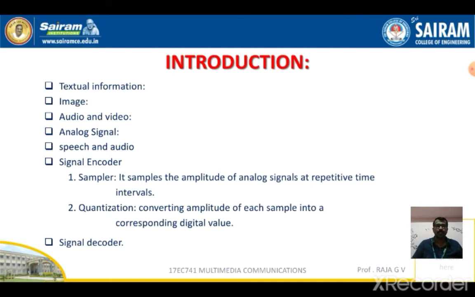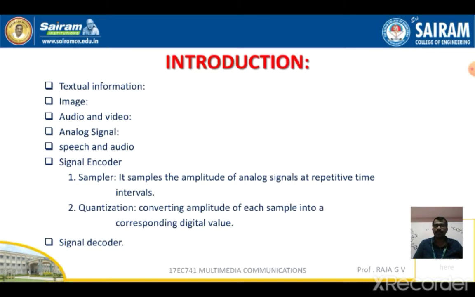These digital values representing such media types must be converted back into the corresponding time varying signal at the output or at the receiving part.